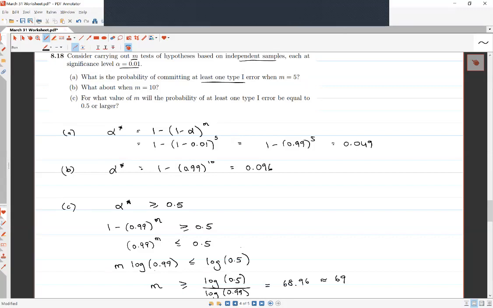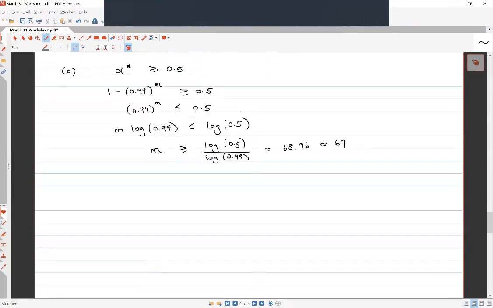There you're in a situation where someone is doing thousands of hypothesis tests, so they have to be very careful about the level of significance they use, because they don't want a very inflated risk of committing type 1 errors.